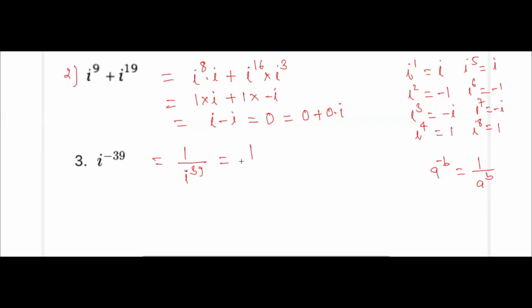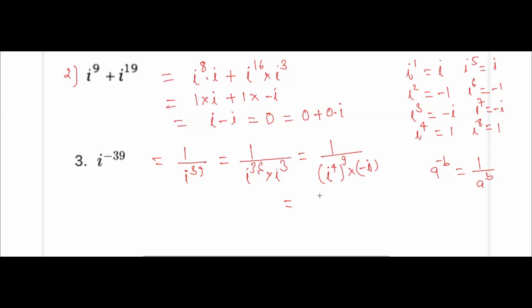And next I will try to change this into i to the power 4 times something. So this would be i to the power 36 into i to the power 3. i to the power 36 can again be written as i to the power 4 to the power 9. And this i cube can be written as minus i, which we showed over here.